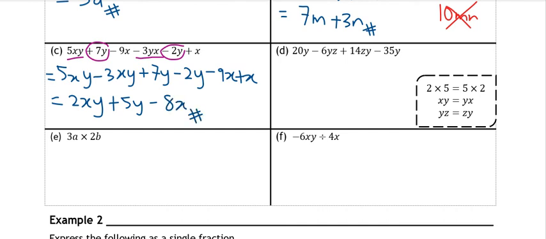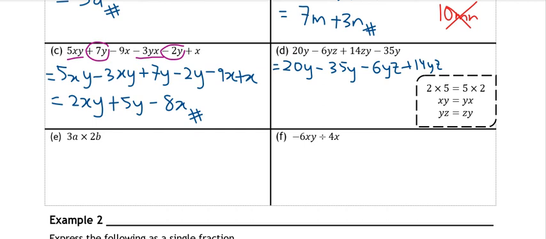So that's for part C. Next part here, arranging the same thing, 20y. By this time, you should be familiar. So here, 20y will be put next to negative 35y. And then here, negative 6yz plus 14zy. yz is actually the same as zy. So basically, you just have to write down negative 6yz plus 14yz.